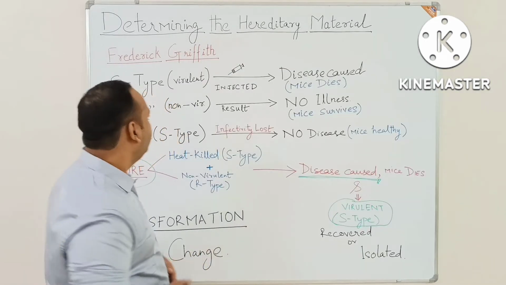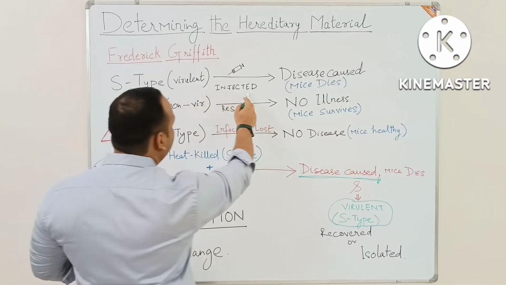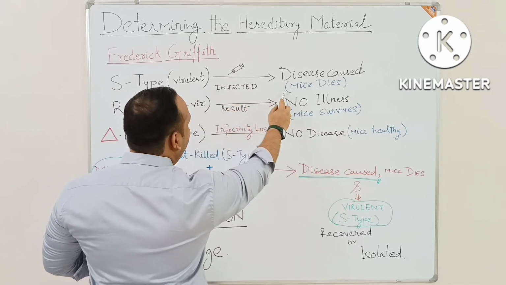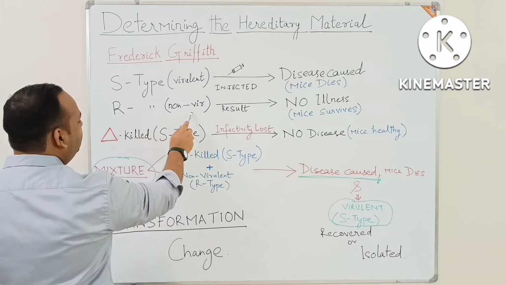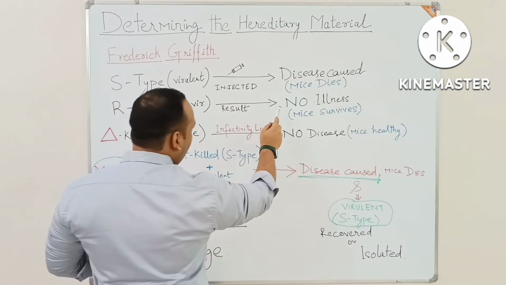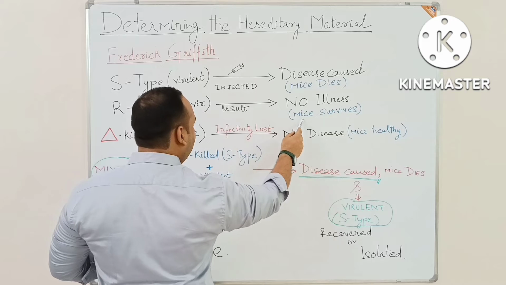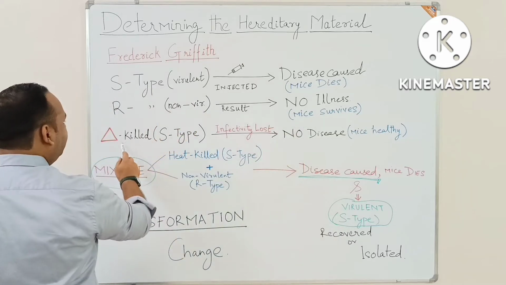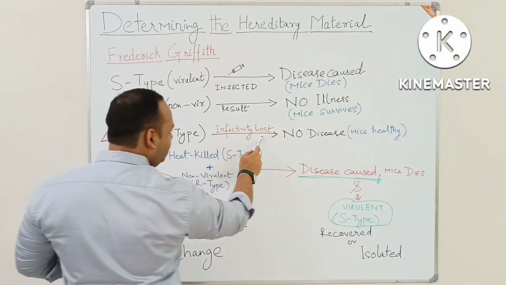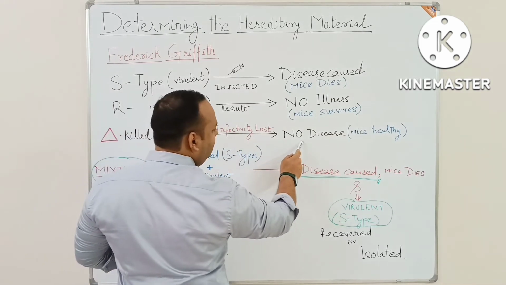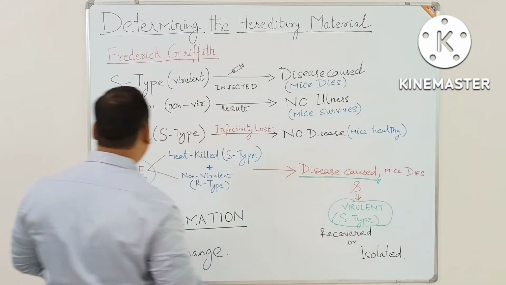When the S type virulent strain is injected into the mice, disease is caused and ultimately the mice die. When the R type non-virulent strain is injected, there is no illness and thus the mice survive. When the heat-killed S type strain is used, infectivity is lost and there is no disease. Thus the mice remain healthy.